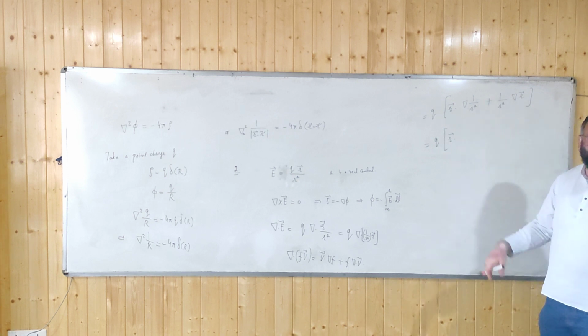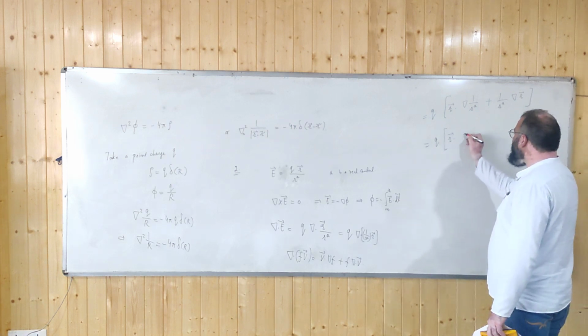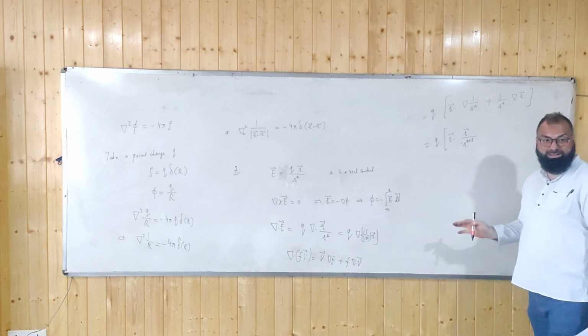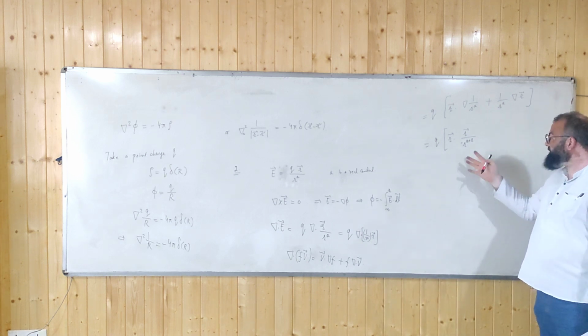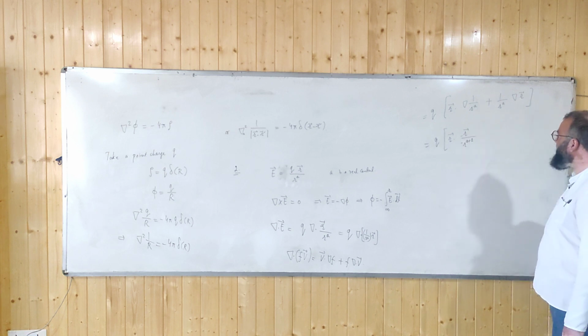What is the differentiation of 1 by r^A? It gives minus A, so I can put it this way: r divided by r raised to A plus 2. There will be a minus sign.